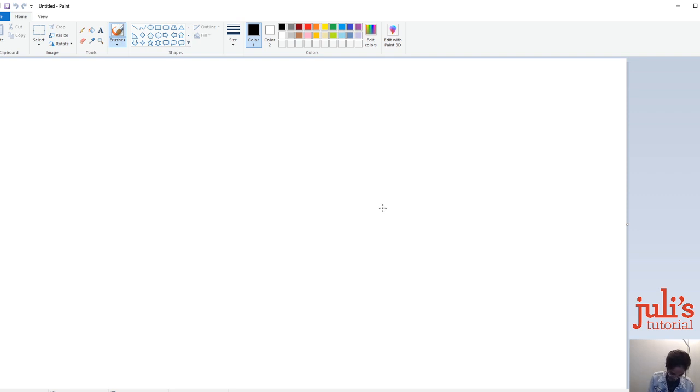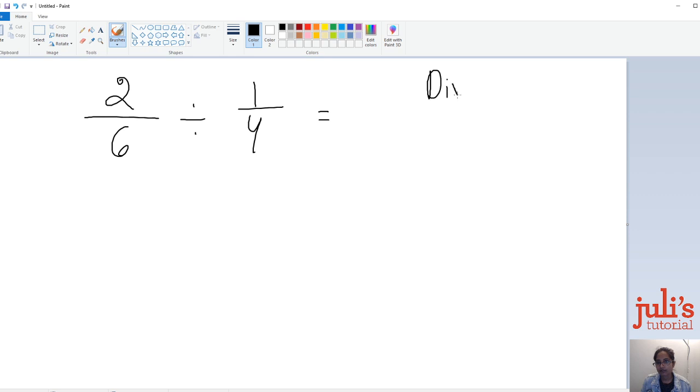Okay, this question is for Maimun. 2 over 6 divided by 1 over 4. Maimun, could you tell us what do we do first when we have a division problem? So we have a division problem. We're dividing fractions.